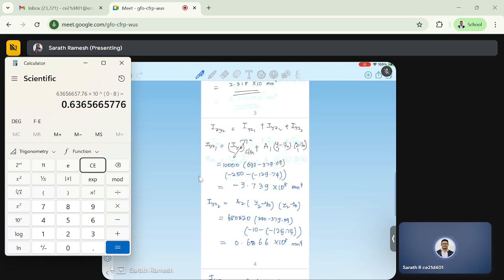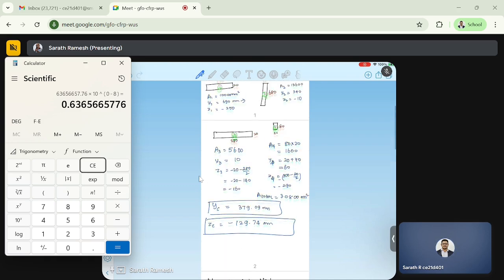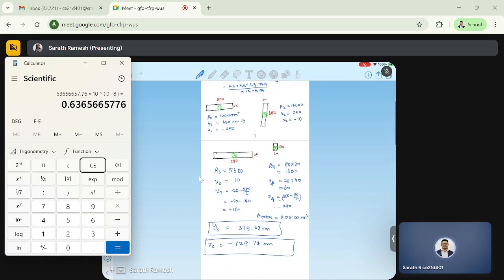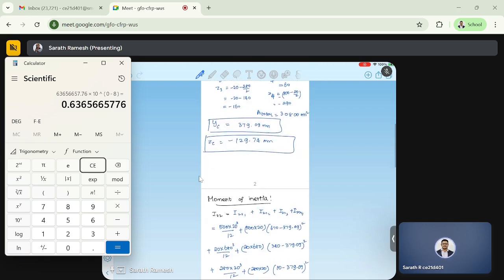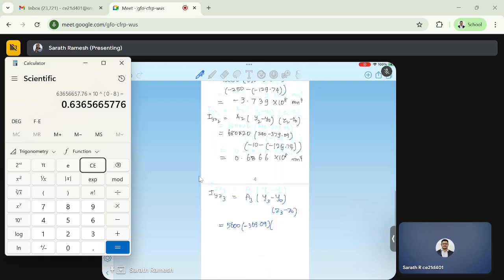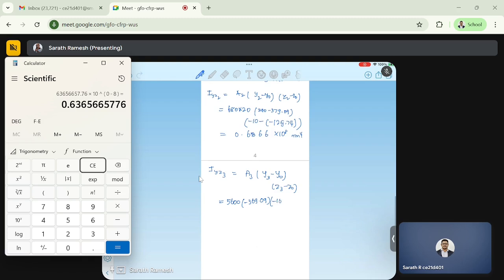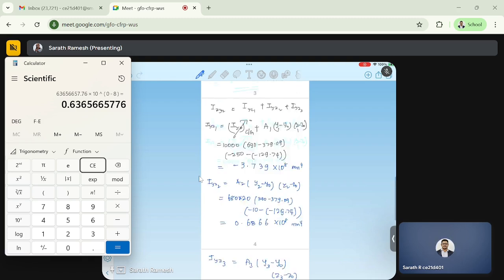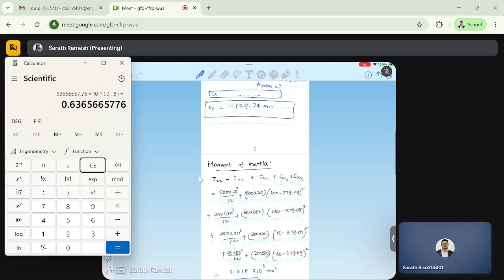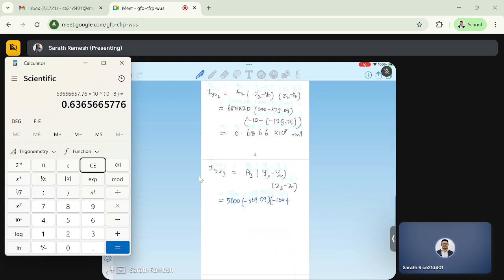Z3 minus z naught is minus 160 plus 129.74.